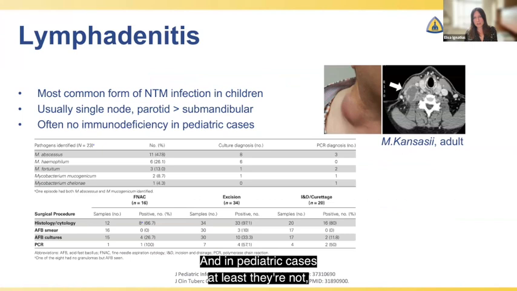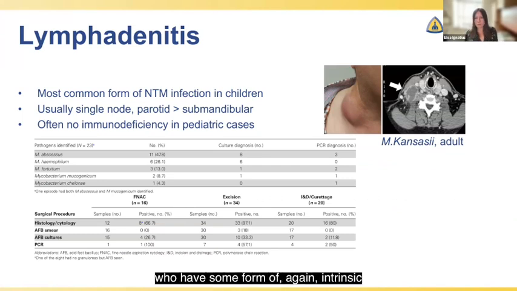And in pediatric cases, at least, these patients are not always immunocompromised. So it can actually happen in pretty immunocompetent or normal immunologic children. And in adults, though, it does tend to be more in patients who have some form of, again, intrinsic or externally caused immunosuppression.